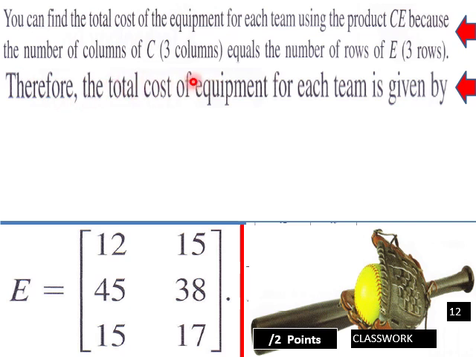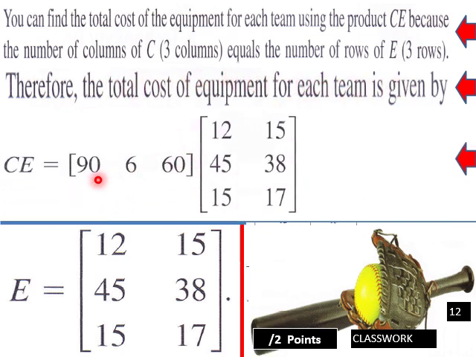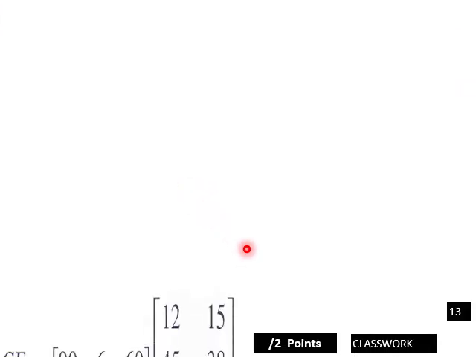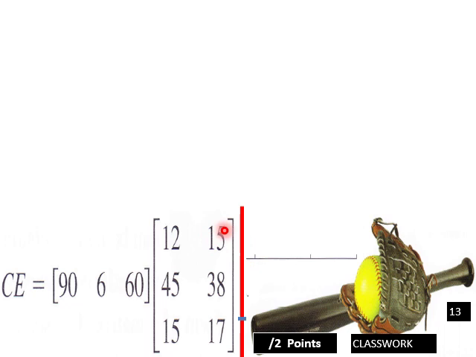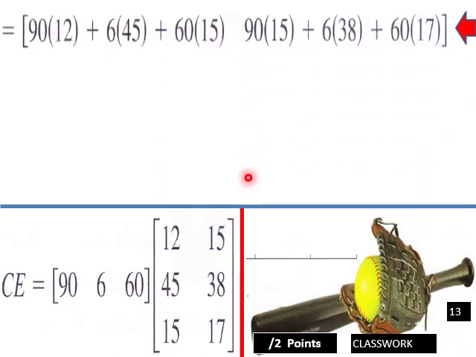Therefore, the total cost of the equipment for each team is given by CE equals [90 6 60] times our equipment matrix here. This is our cost matrix, and this would be our equipment matrix. So having that, we can go ahead and multiply out our matrix multiplication.